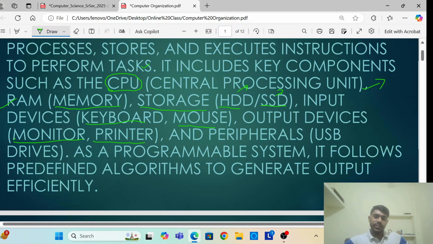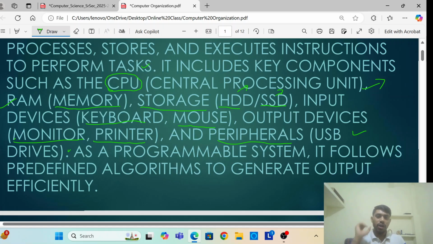And the peripherals, like USB drives. So these are the key components of a computer system: CPU, memory, storage, input devices, output devices. The combination of all makes the computer system.